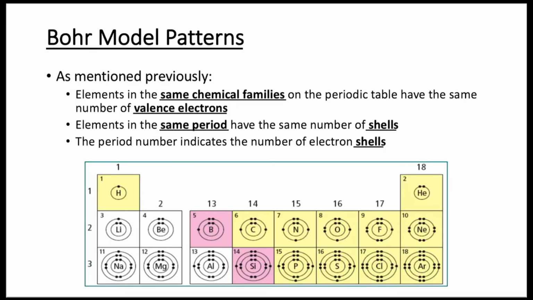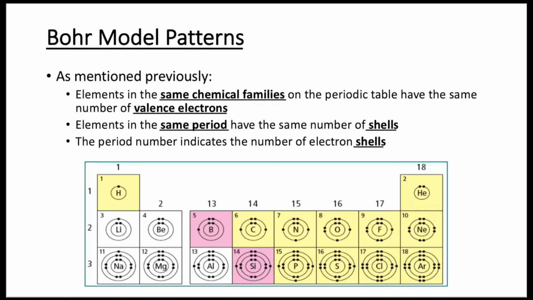So again, this is a review from before, but as mentioned previously, elements in the same chemical family, so moving up and down the periodic table, so vertically, have the same number of valence electrons. So if I'm looking at the first family, which is the alkali metals, starting with lithium and sodium, these all have a valence shell with 1 electron in it.